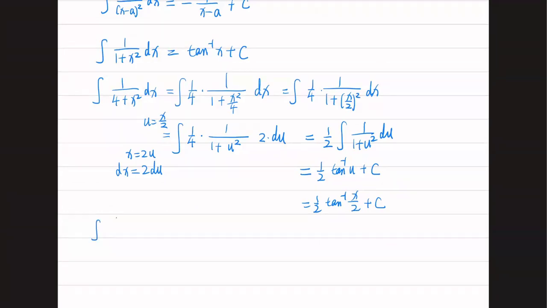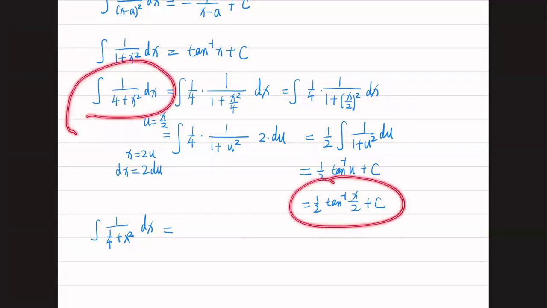Okay. Another one. 1 over 1/4 plus x squared dx. If we check this formula, could you guess an integral for this one?